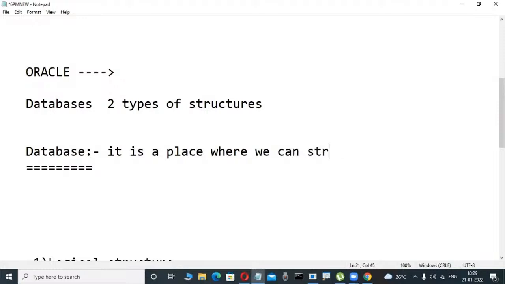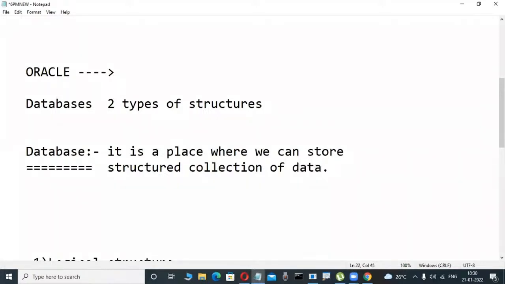They are telling only that: a structured collection of data. What is data? What is information? What is DBMS? That is later.